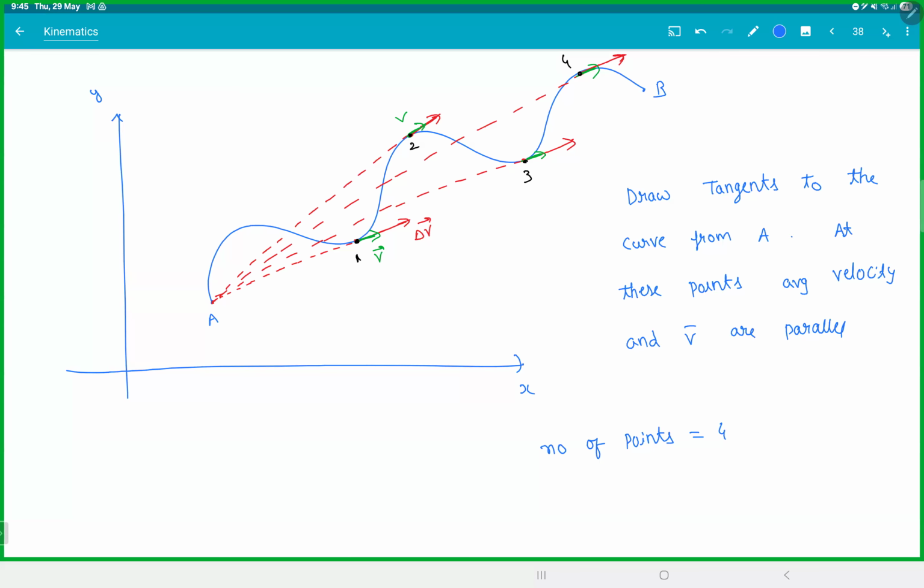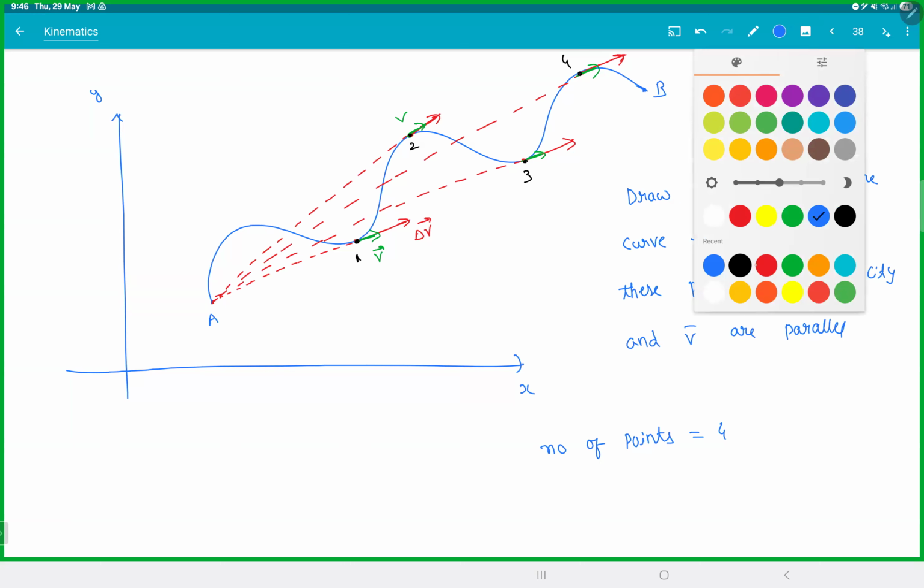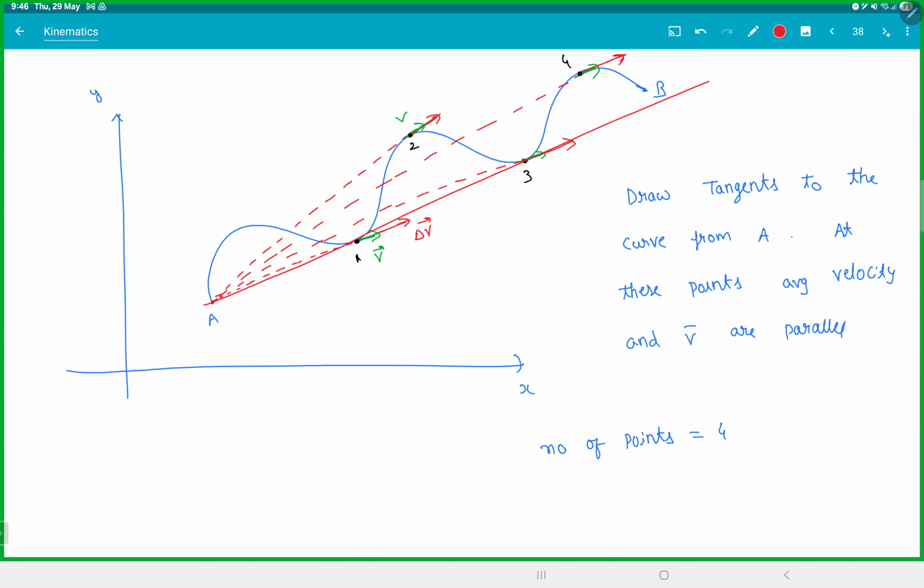How have you got something? At the downward curve kind of thing, here 1 and 3. We know that they lie in the same line. Even then, that is still 2 points, right? 2 times it became parallel to the average velocity.